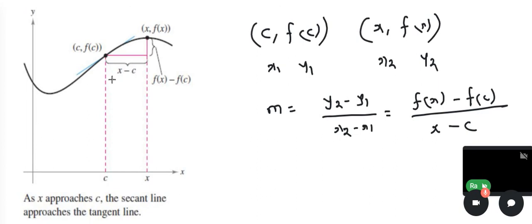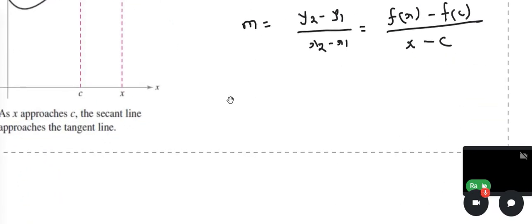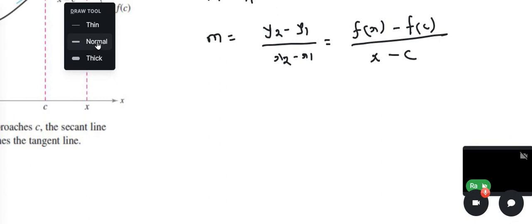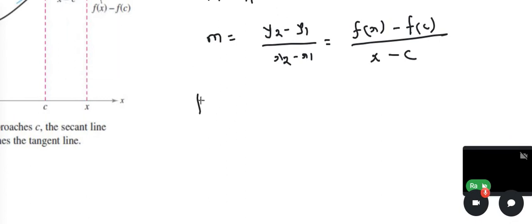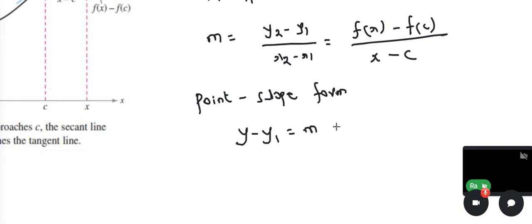So this is basically nothing but the slope, and if I want to find the equation of the line at this point (c, f(c)), how do I arrive at it? I can use the point-slope form, that is y minus y1 equals m times (x minus x1).